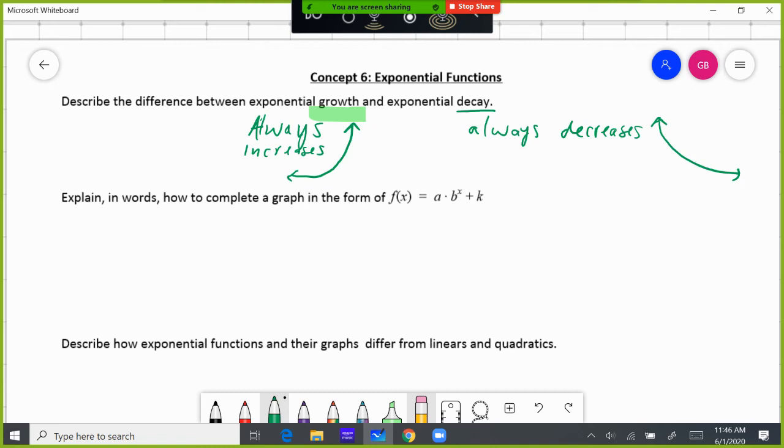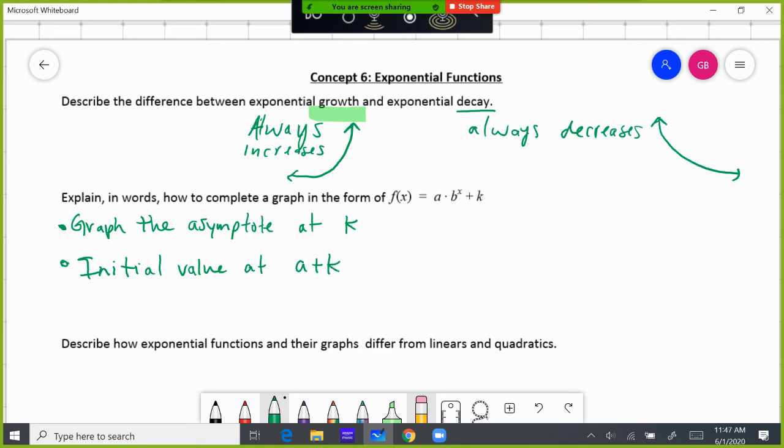Okay, so first you're going to graph the asymptote at k, then the initial value at a plus k, and then the multiplier to find the next point.